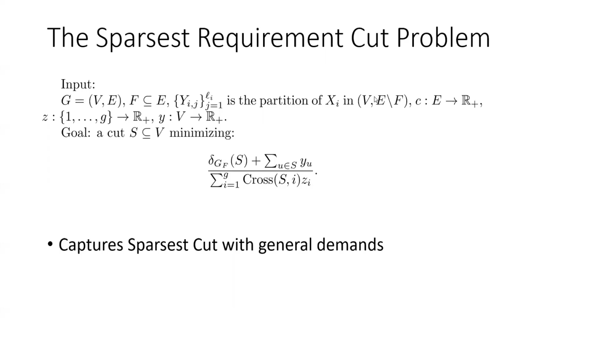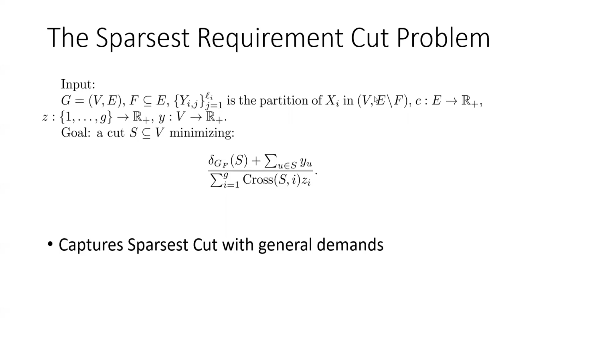Now, cross S_i dictates here the Y's we have for each X. So we want to count how many times S cuts those Y's, and then we have Z_i as the weights of the group of the set i.